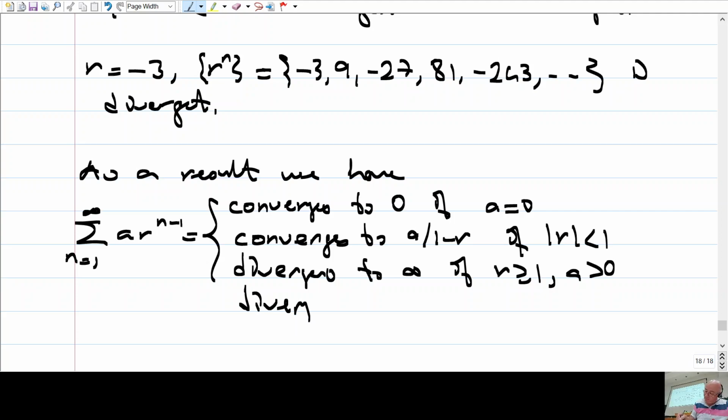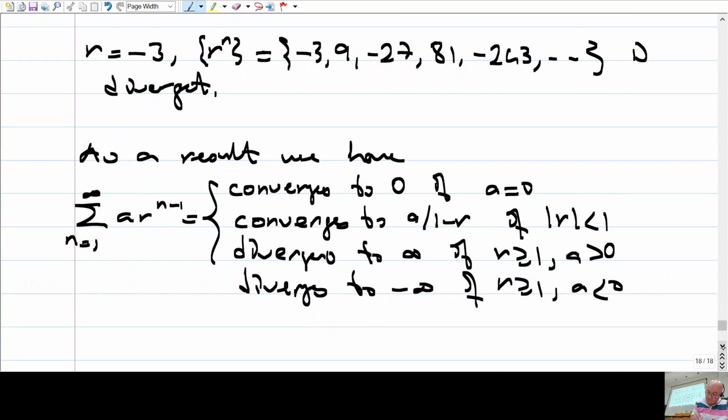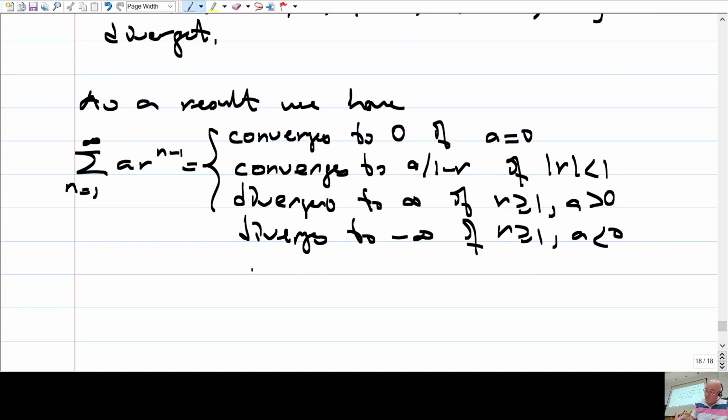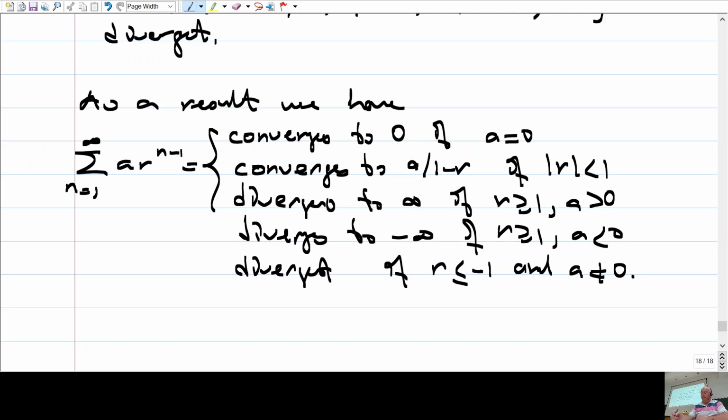Diverges to minus infinity if r is larger than or equal to 1 and a is negative, and diverges if r is less than minus 1 and a is not 0. Okay, so it is convergent only if r is less than 1 in absolute value or if a is 0.